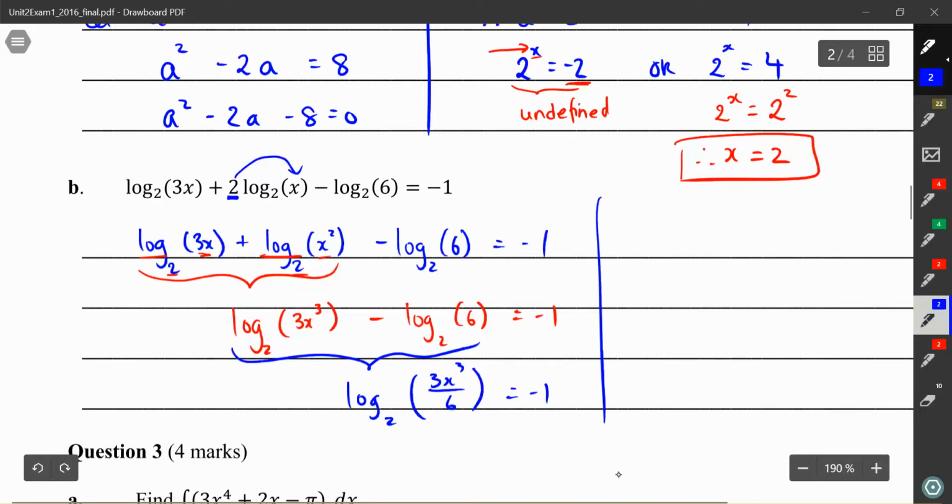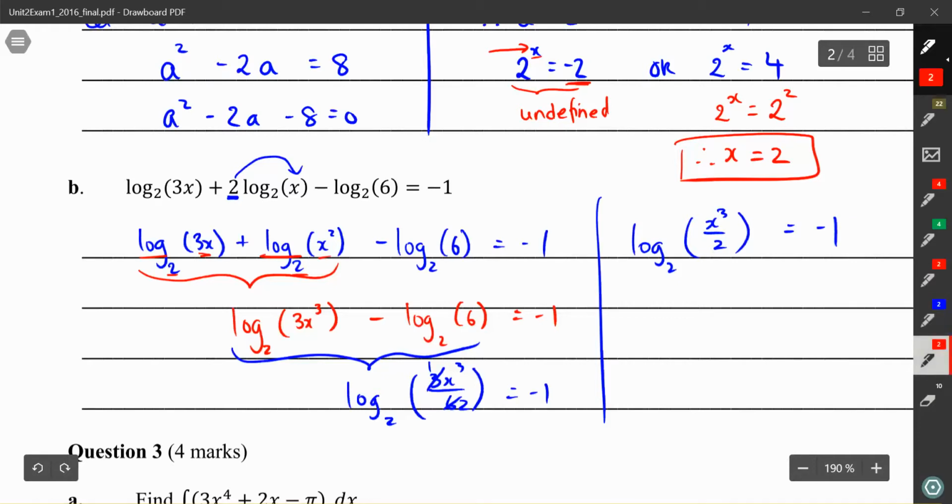We can simplify the 3 and the 6, and that cancels out to be 1 and 2. So now you've actually got log base 2 of x cubed on 2 equals negative 1. And if you remember how I taught you to remove log base 2, the inverse of log is exponential.